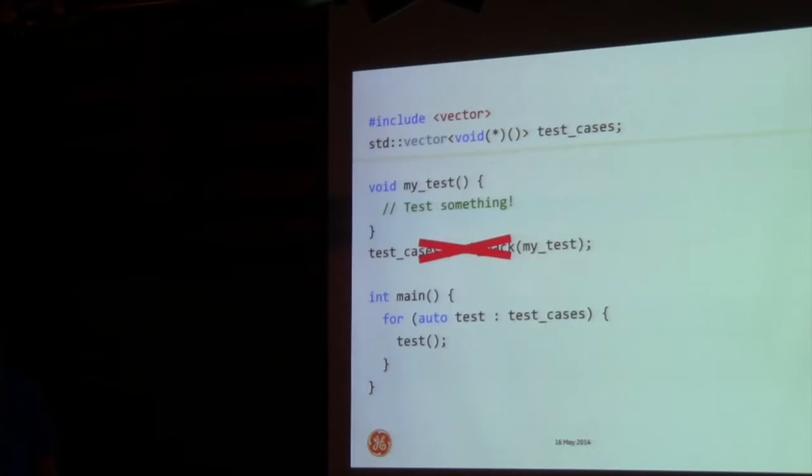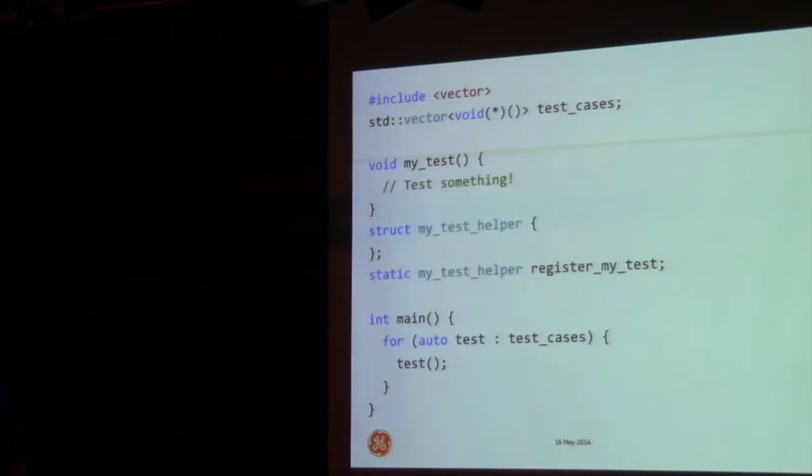It ends up not being a global variable to share data. You can use it to share data, I mean, I wouldn't recommend it, but you can. What I ended up doing was creating a structure which will be used to register our tests.